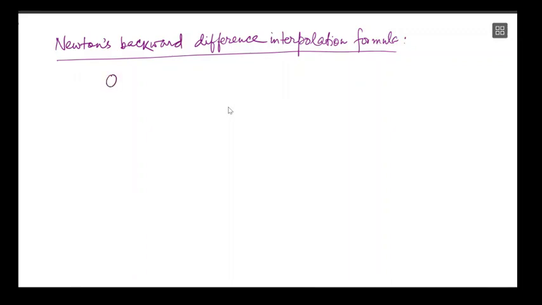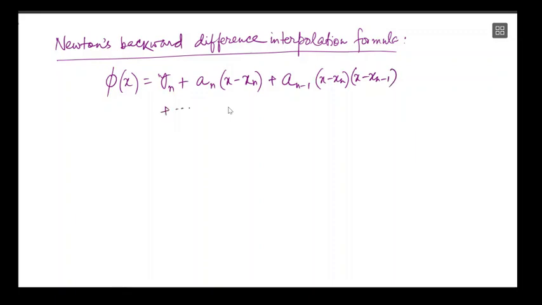Here we choose the polynomial phi as yn plus an into x minus xn plus an minus 1 into x minus xn into x minus xn minus 1, in this way.